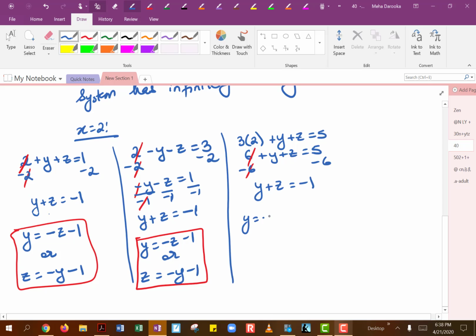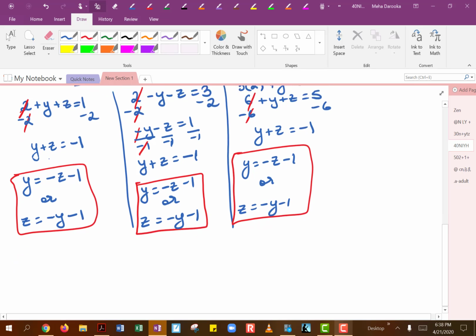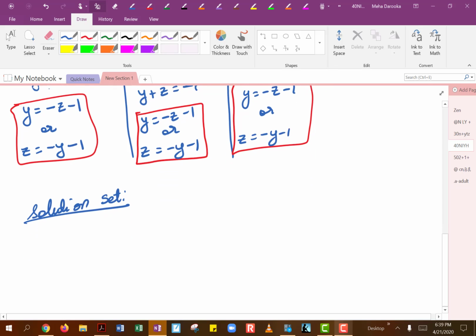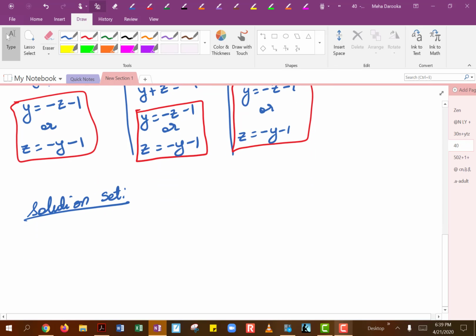So get y by itself, we have negative z minus 1, or get z by itself, and we have negative y minus 1. Okay, so when we actually write our solution set down, it will depend if they want us to write this in terms of y or z.